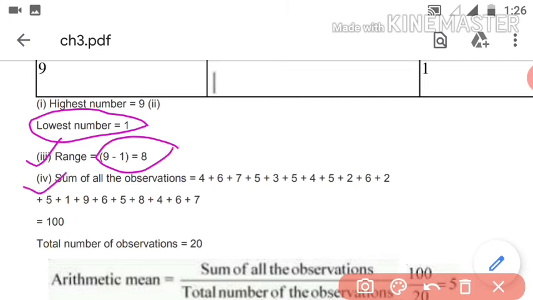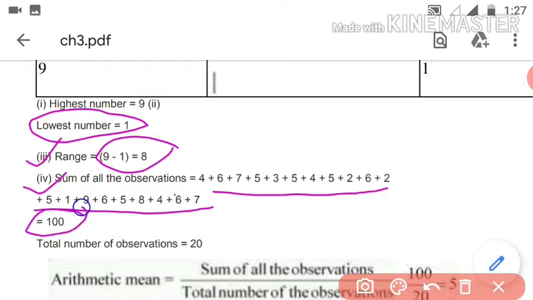Now question number 4, what do we have to find? We have to find the arithmetic mean, isn't it? So for the arithmetic mean, what will you do? You will take the sum of all the observations. Sum means plus, isn't it? We have to add all the given data. Then how much did we get? The sum of all the observations is 100. Now the total number of observations.